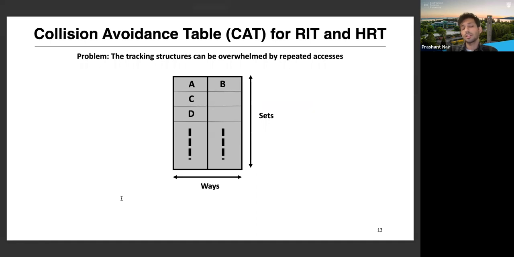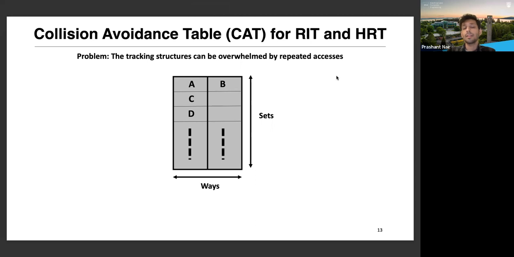We implement these structures using set associative logic. In this example, we show several sets and two ways. The problem with a set associative structure is that it is susceptible to various forms of attacks. For instance, you can have collision-based attacks.